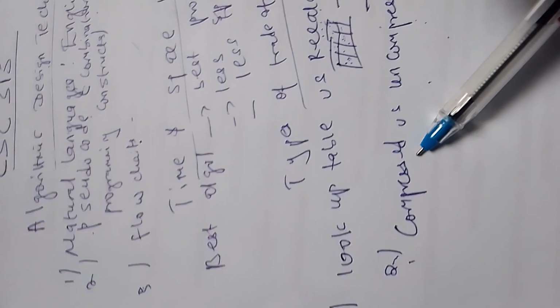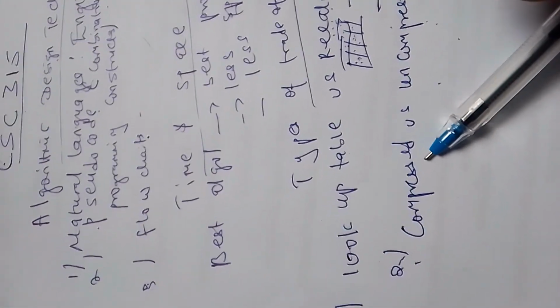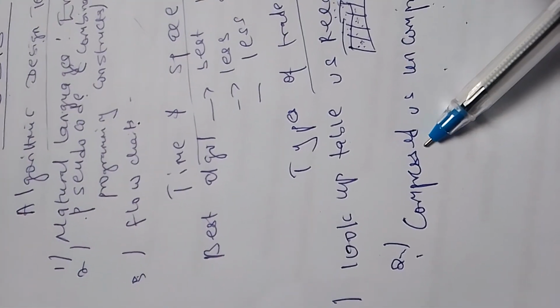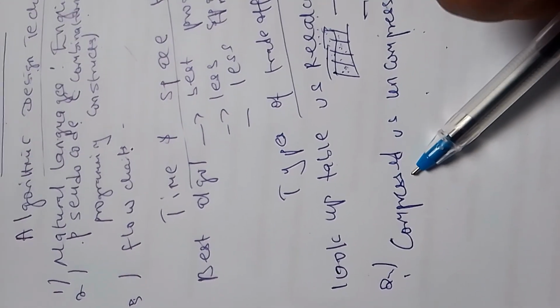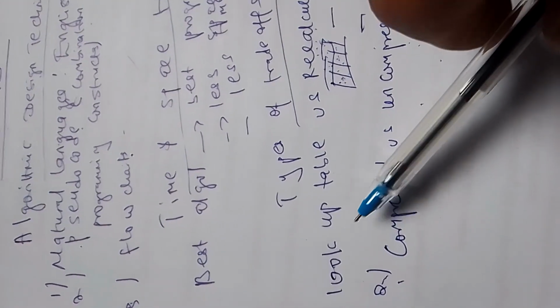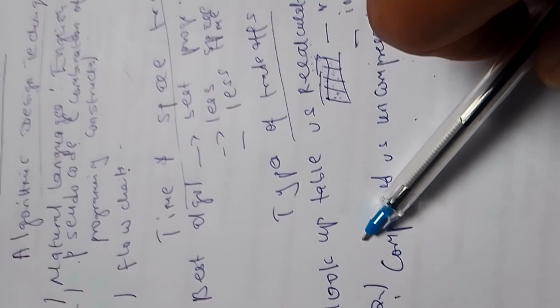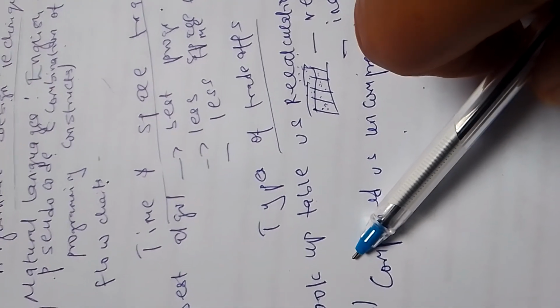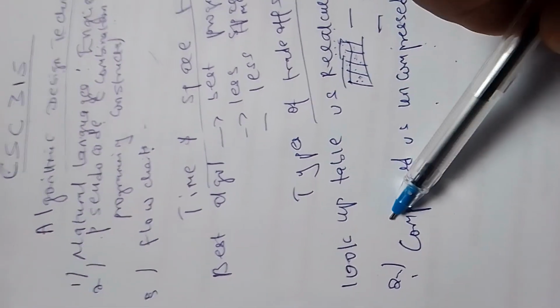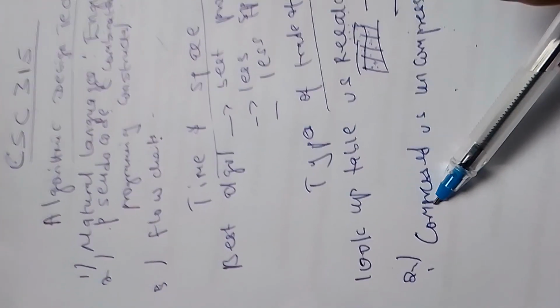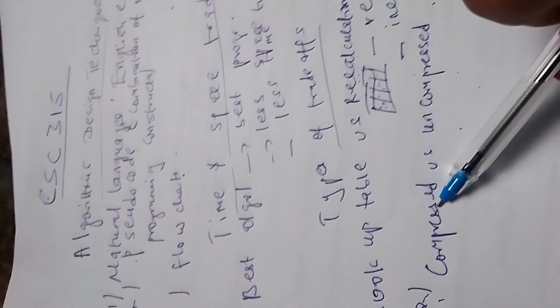When you compress your document, like zipping, you can use zip, WinRAR, and so on, you have saved space. When data is compressed, you are saving space.